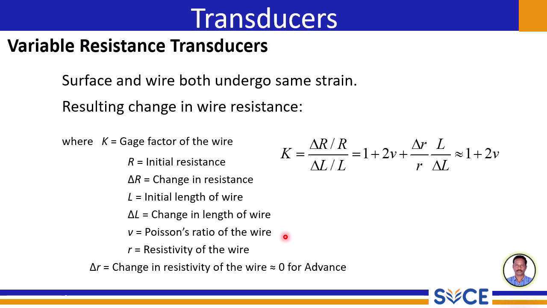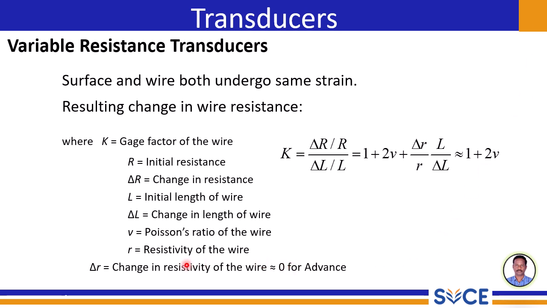Poisson ratio describes the tendency of a material to contract in width when stretched and expand in width when compressed. This change in cross-sectional area leads to a change in resistance. Then rho is the resistivity of the wire material.